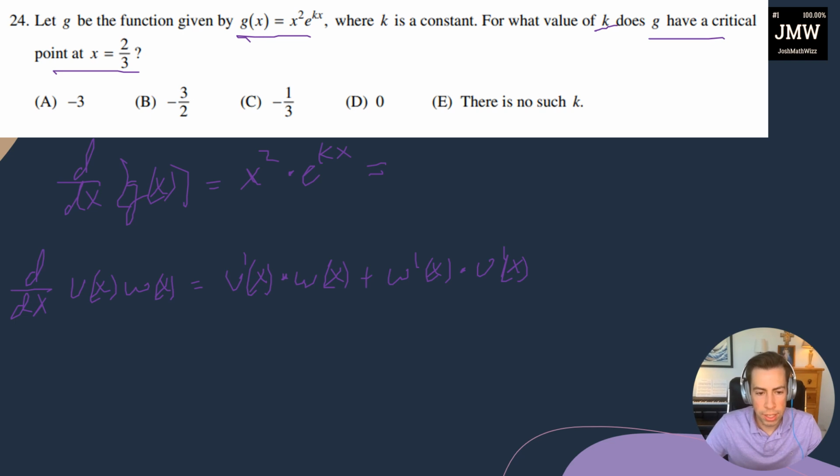And if I use this reasoning, I'm going to have 2x times e to the kx plus k e to the kx times x squared. Okay, so I'll go ahead and clear some space here.